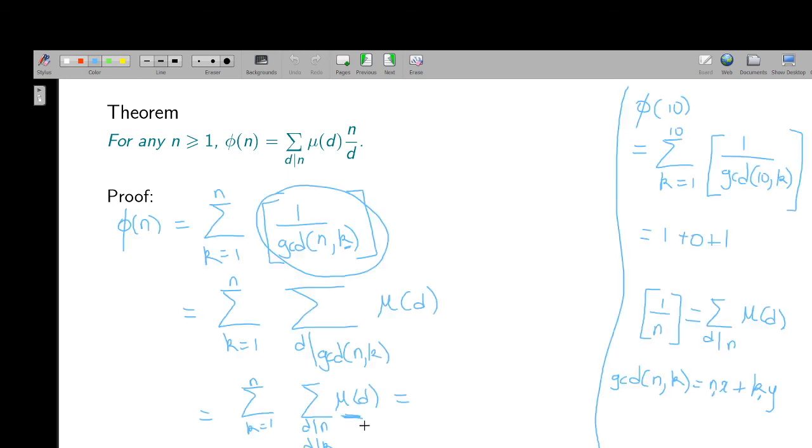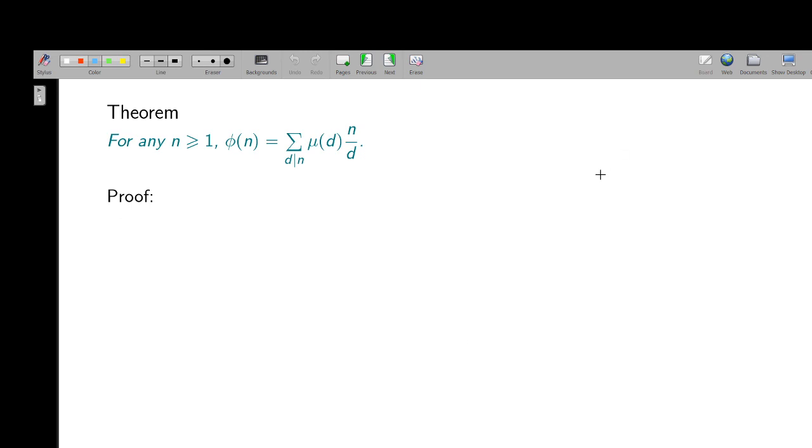Let's look at this double sum here. Let's take again 10 itself. So summation k equals 1 to 10, summation d divides k, d divides n, mu of d.